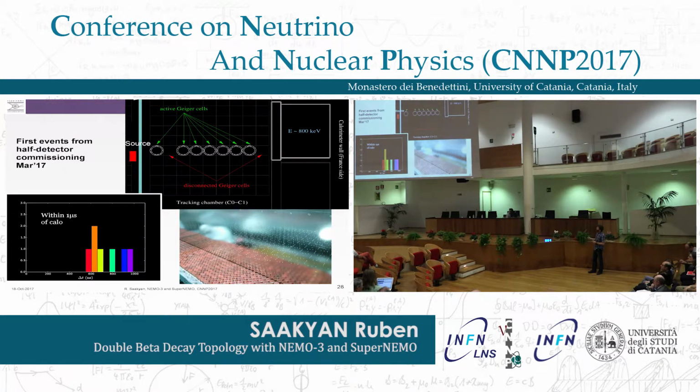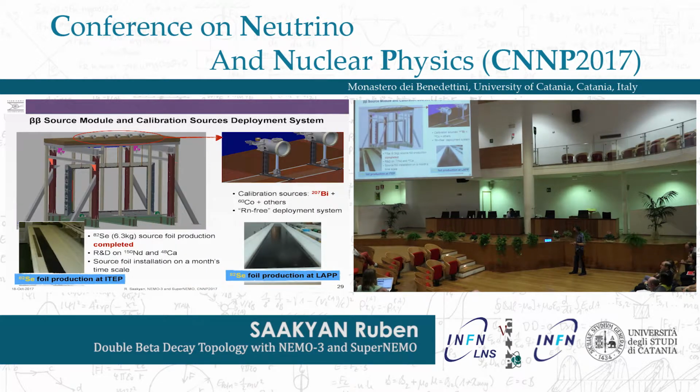We've started the commissioning underground with radioactive sources and observed the first tracks in coincidence with the scintillator in the tracker detector, so we can actually reconstruct the individual hits and the tracks themselves. The heart of the detector, the so-called source foil, has been produced.